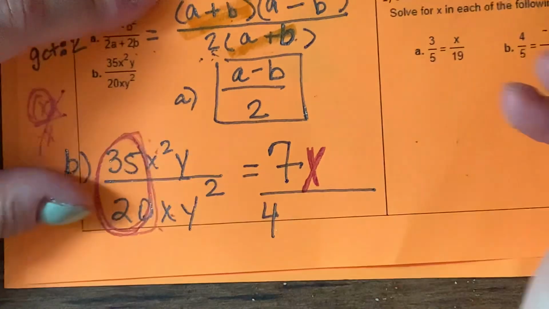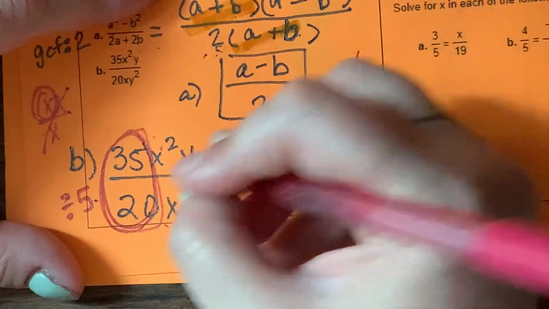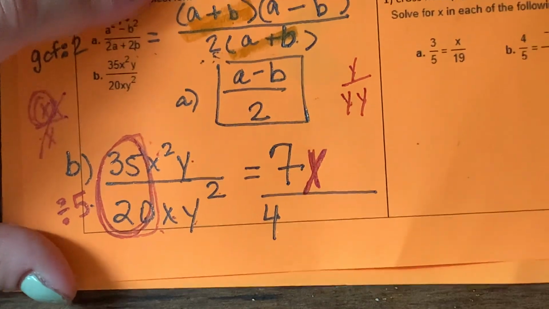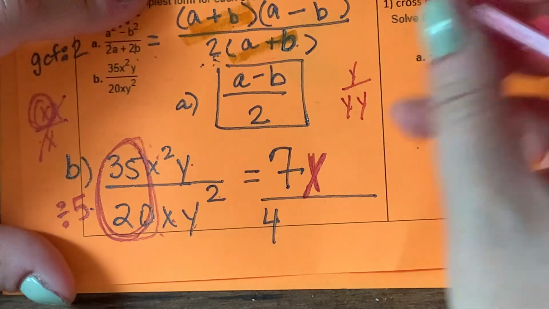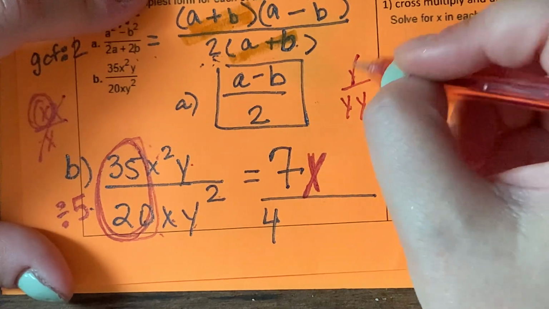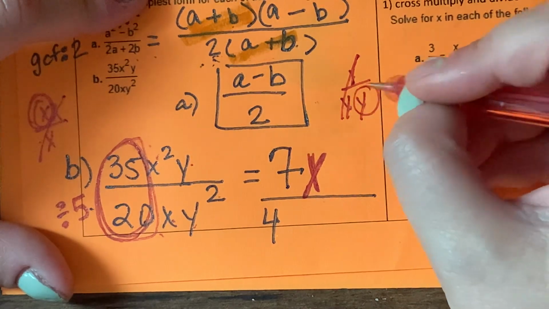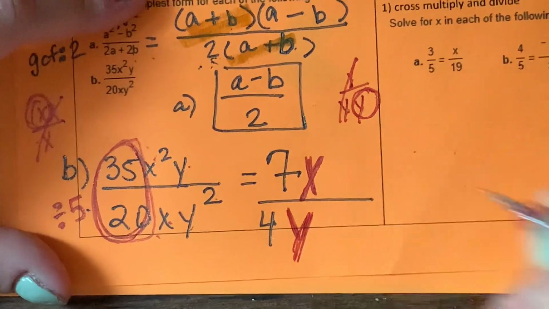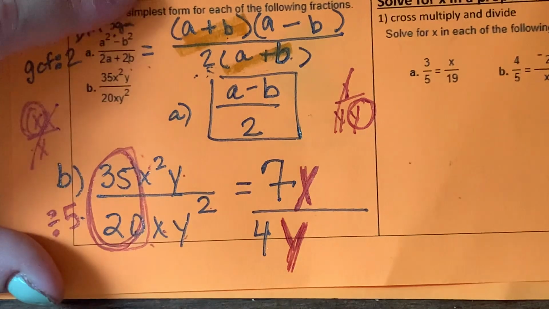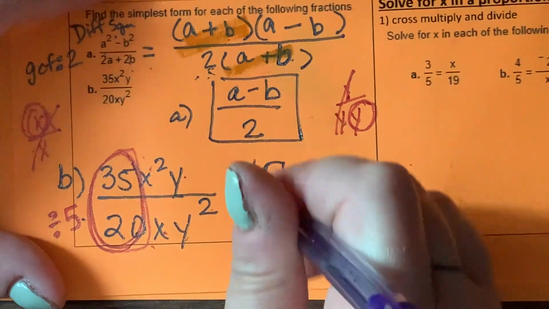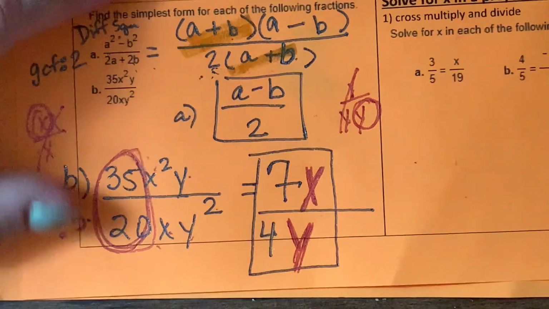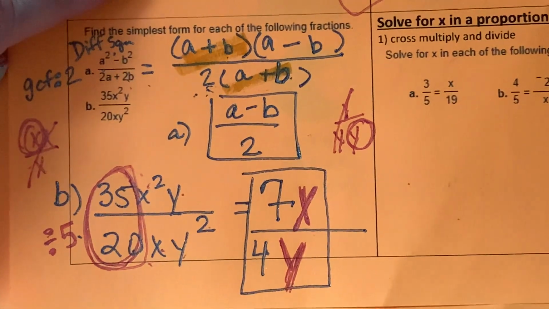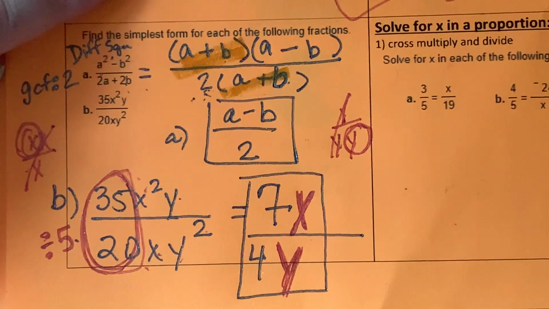For the y's, it looks like I have 1 y on top, but y to the 2 on bottom. So when I cancel out a pair of y's, one from the top and one from the bottom, they cancel, but I still have a y left in the bottom. So let me put that down there. And then check yourself. Can you reduce the 7 and 4 again? Nah, you can't. Can I cross out the x and the y? Nah, you cannot, because they're different letters.